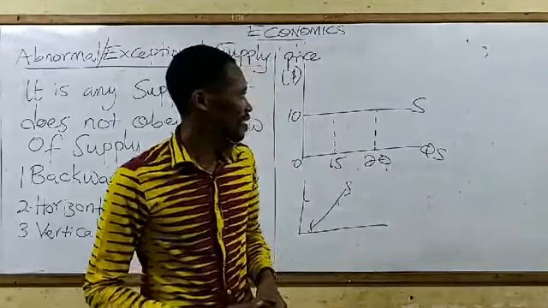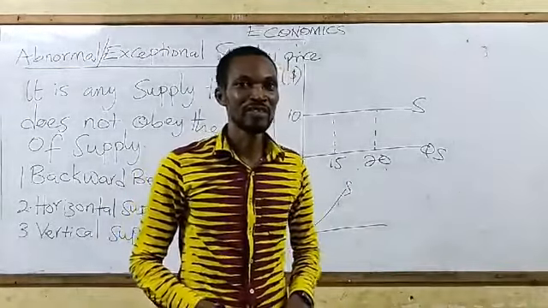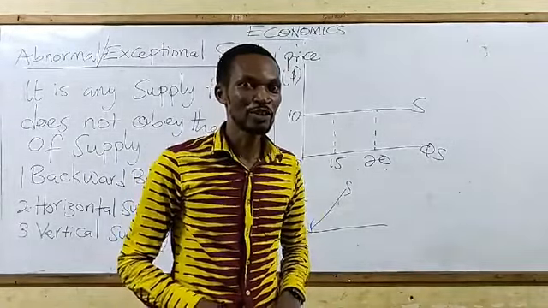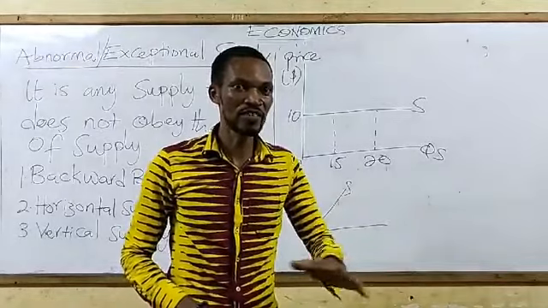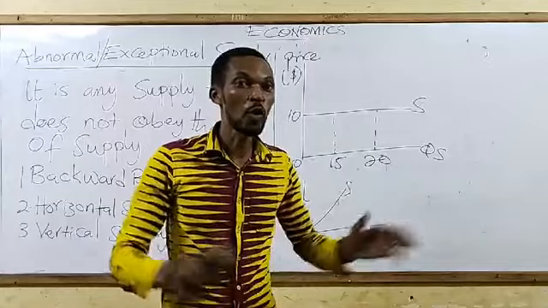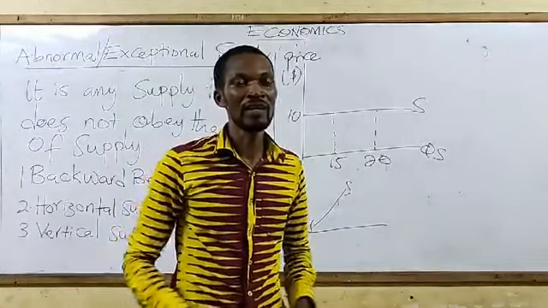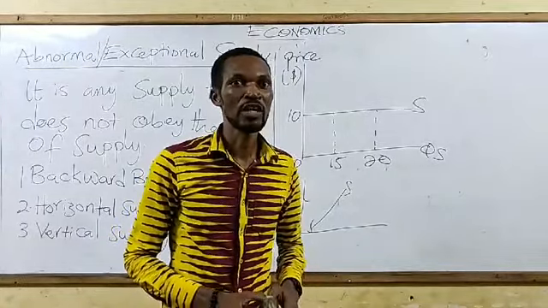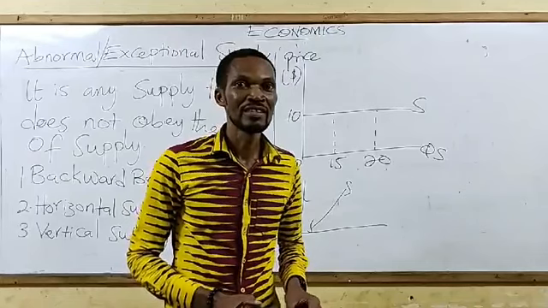You see, in our part of the world, if you are in Ghana, you know government sometimes fixes the price of certain commodities, especially cocoa, which is a very popular agricultural produce in Ghana.